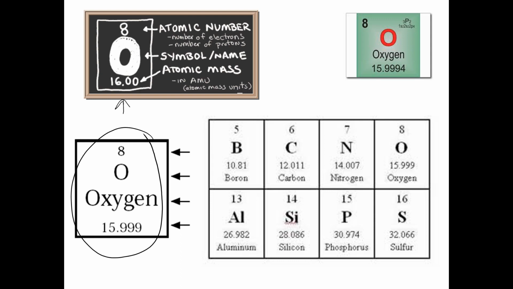And in this box, it doesn't include the name. It just has the symbol. Over here on the right-hand side, they were even more precise. They went to 15.9994. And in these boxes over here, you'll see that they switched the atomic mass and the name. So it's the opposite of what we've seen before.